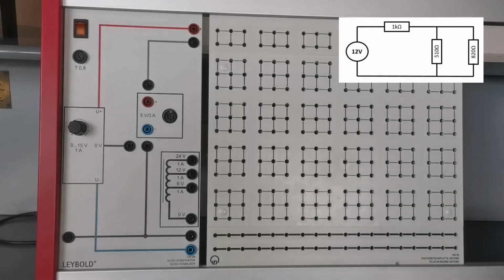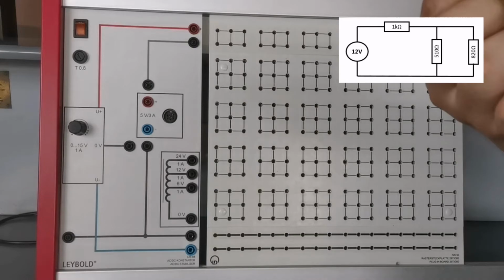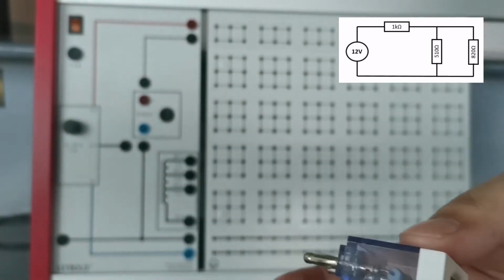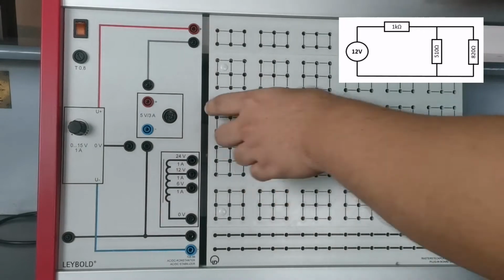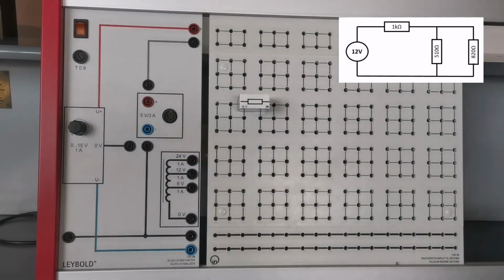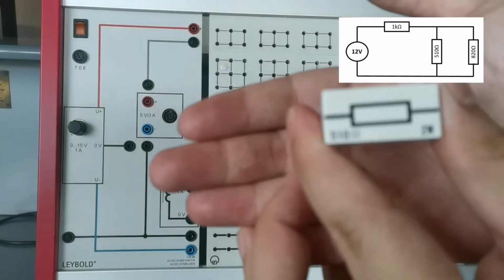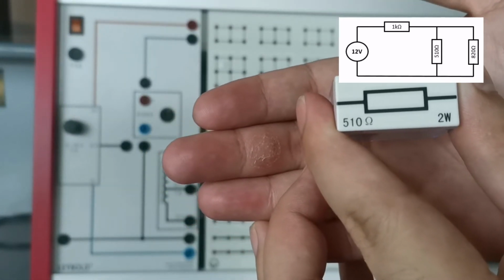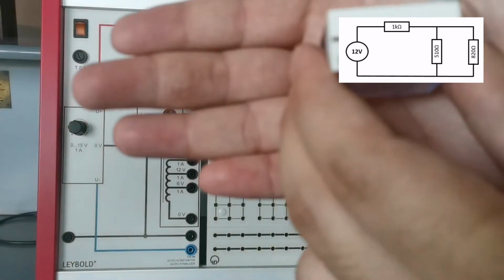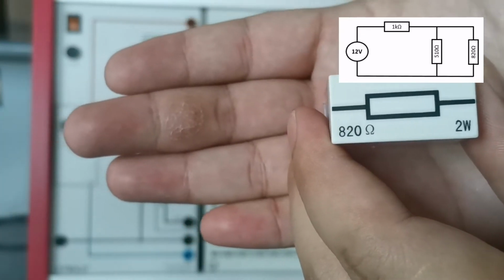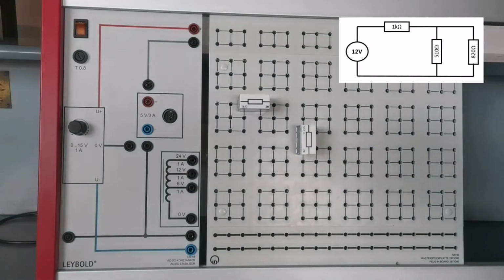So, first, i-connect natin yung ating 1K ohm resistor. Next po is yung ating 510 ohm resistor. Yan. And ang ating 820 ohm, so, parallel sa 510.